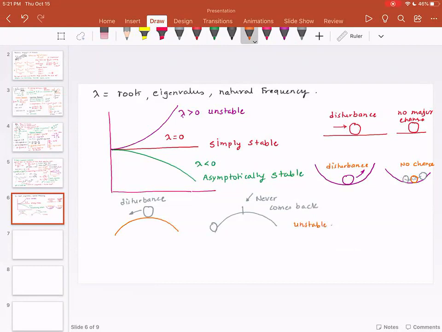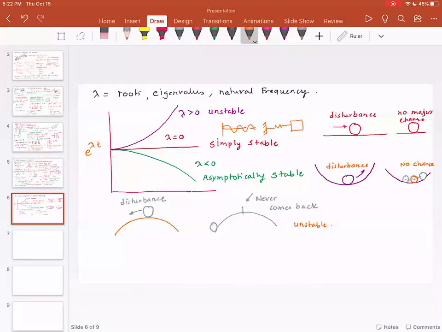So what I want you to understand is eigenvalues are super important. They tell you whether the system is stable, asymptotically stable, or unstable. Now let me give you an example of a simply stable system. A simply stable system is a spring mass system, wherein it's going to show you a nice oscillatory response all the time.